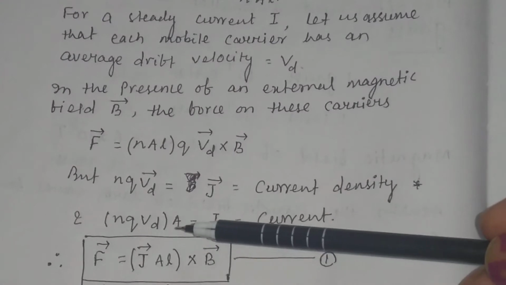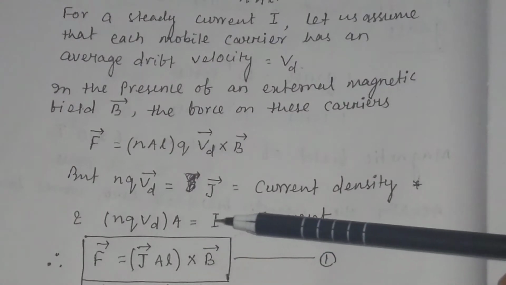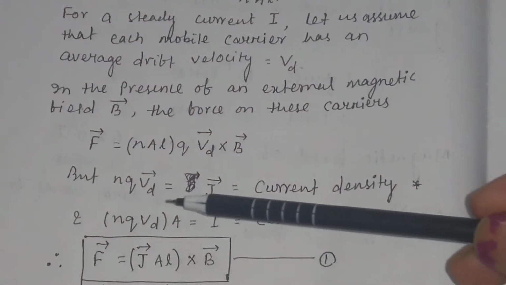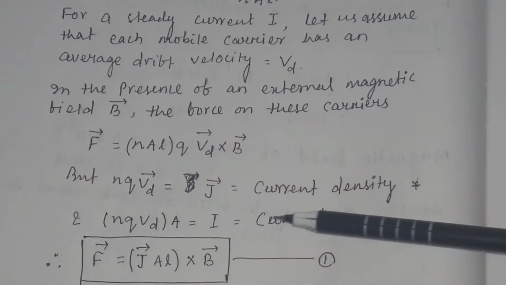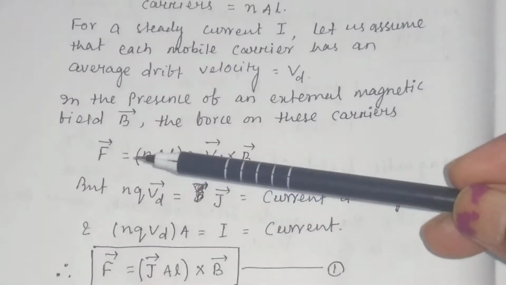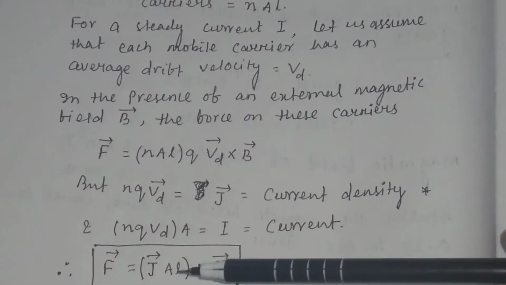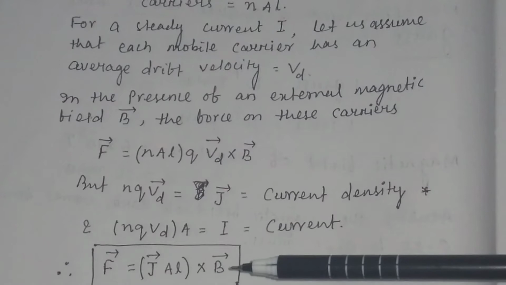If we multiply current density with the area, it will give you current. So n q Vd into A will be equal to current I. So F can be written as J into AL cross B.